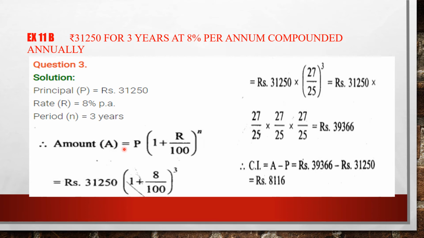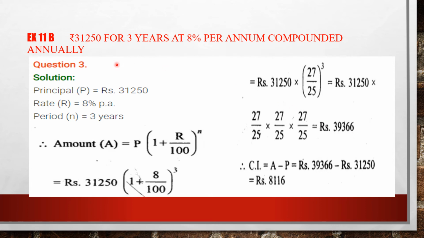Amount is equal to P into 1 plus R by 100, the whole power n. The principal amount is 31,250 into 1 plus rate of interest 8 percent divided by 100, power number of years, which is 3. After substituting, we get 39,366. That is the amount.